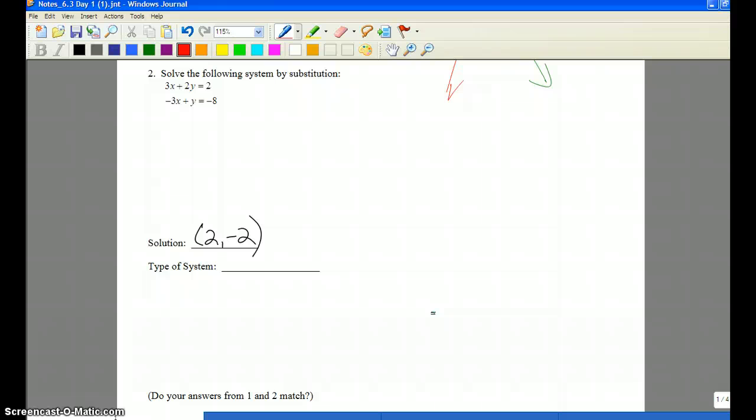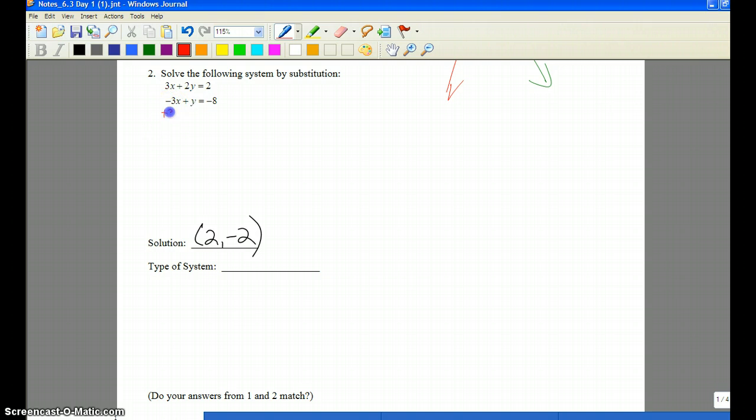You want to pick the easiest variable. It's typically going to be a variable that's just multiplied by 1, with no coefficient other than 1 in front of the variable. In this case, the easiest one to solve for is this y, because the coefficient's 1.